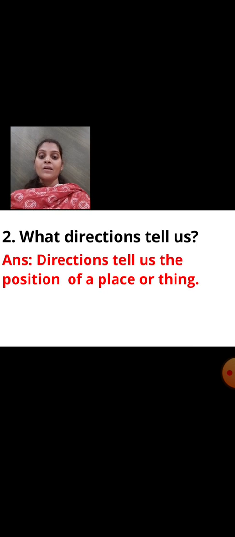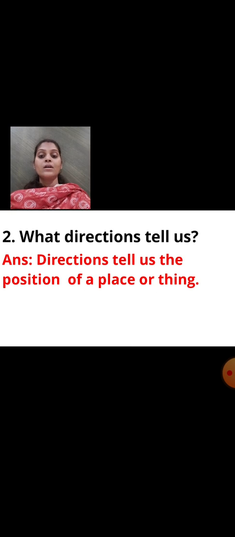Second question: What do directions tell us? Let's see. Directions tell us the position of a place or a thing. Yes or no? Repeat after me: Directions tell us the position of a place or a thing.